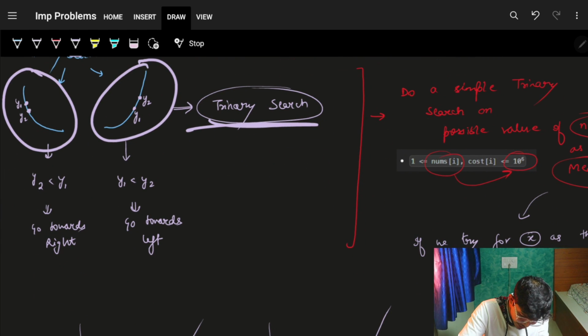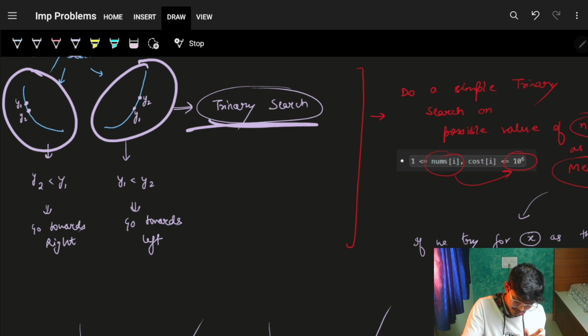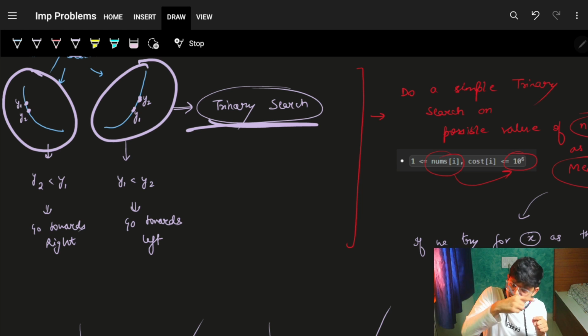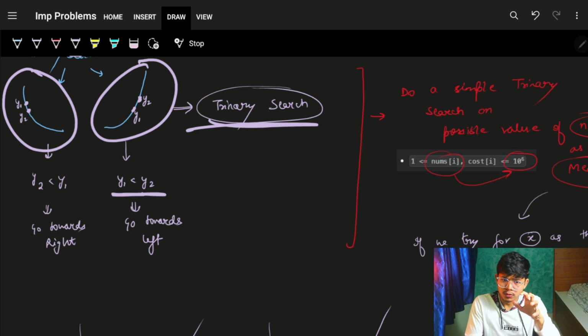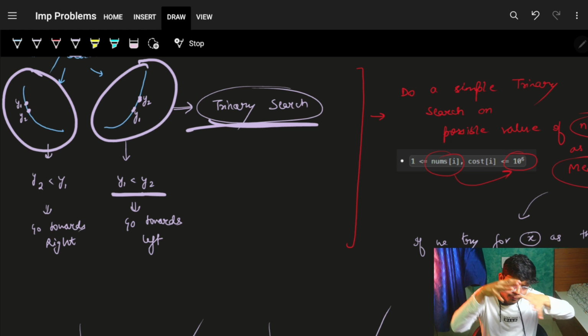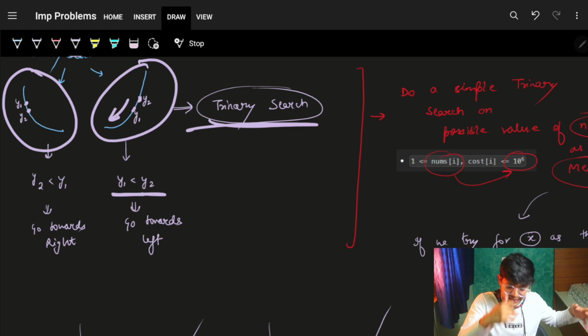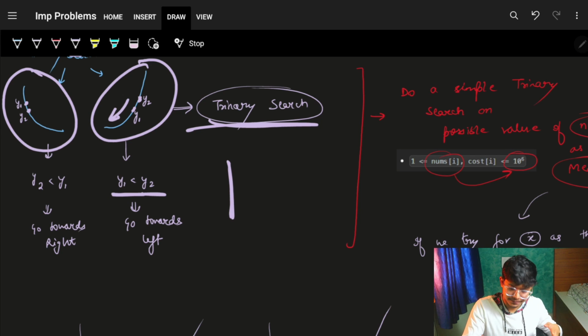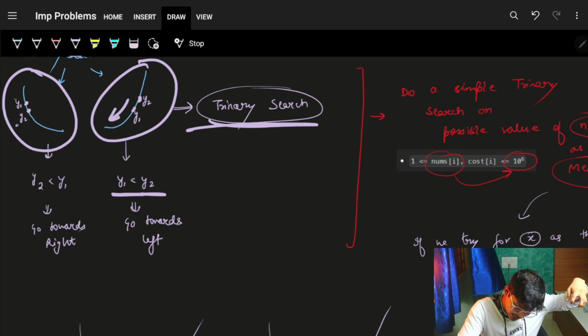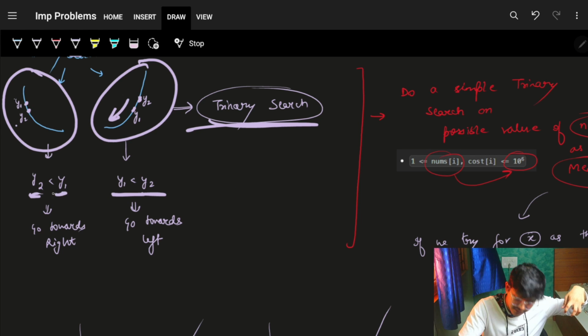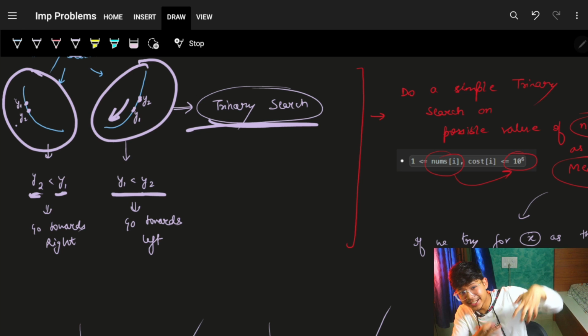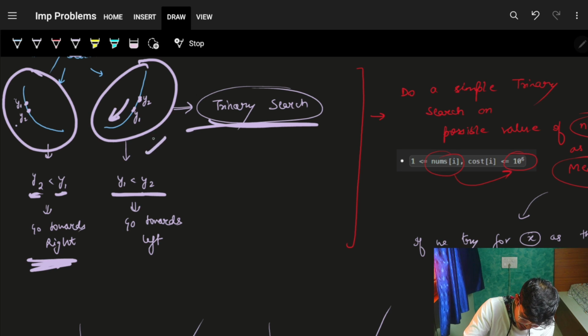If I have two points, y1 and y2, and the graph is increasing, so y1 is less than y2, then for sure I need to bring my points to the left side, which means I will bound my right. If y2 is less than y1, I know I need to shift everything to the right.